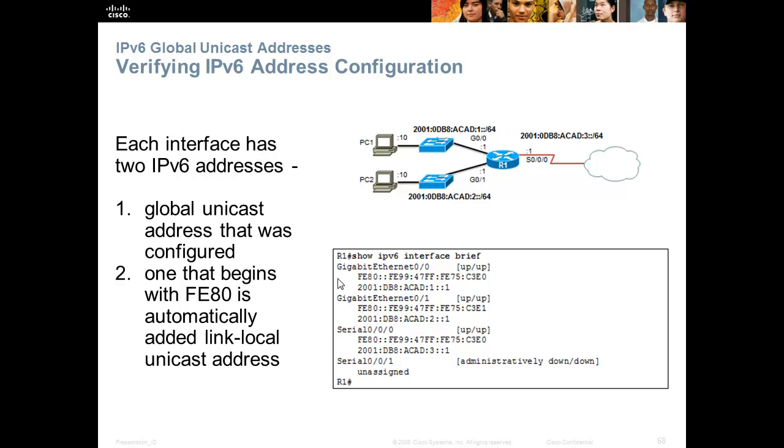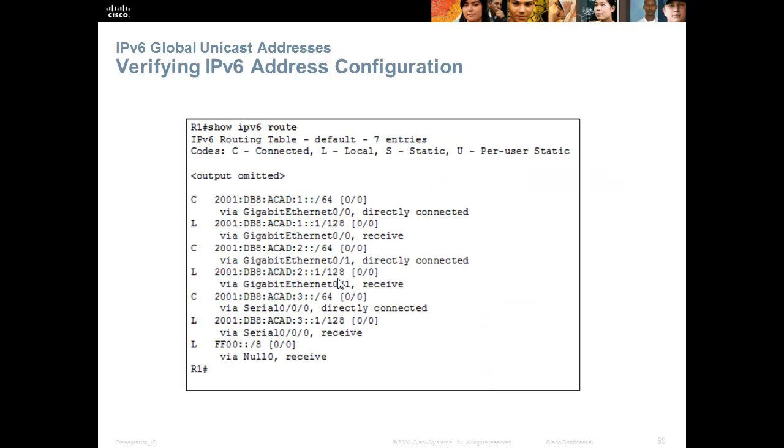One is going to be that global unicast, which can be routed out to the internet, and it's unique for every single device in the world. And then we also have our FE80 address, or our link local address, which is typically automatically generated and automatically added for us. To view the routing table for IPv6, it's show ipv6 route, and we can see the routes that we have for IPv6.